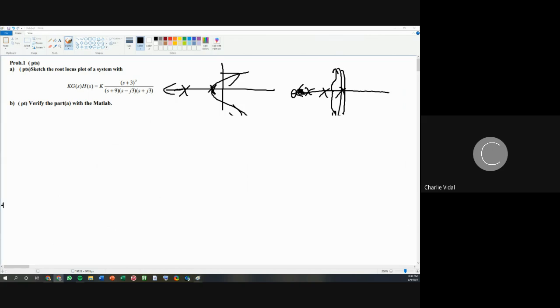So, for problem number 1, it says sketch the root locus plot of a system with these points. Verify the part A with MATLAB, so we're not going to do part B. Cross that out. Okay, let's see.